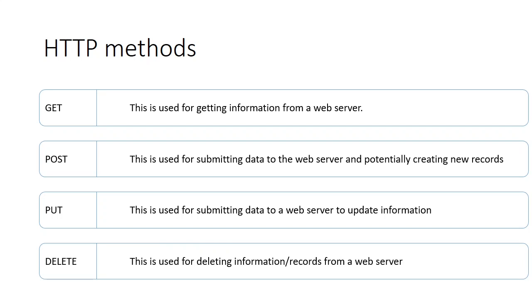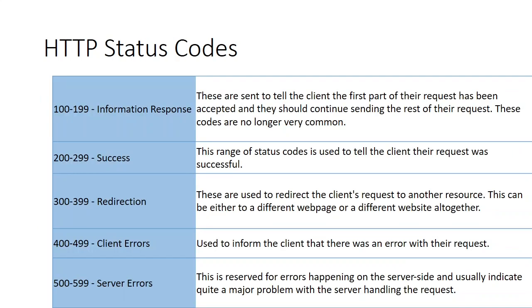So after the HTTP methods, we'll look at HTTP status codes. An HTTP server will always respond in its first line with a status code, and that will inform the client of the outcome of the request and potentially how to handle it.